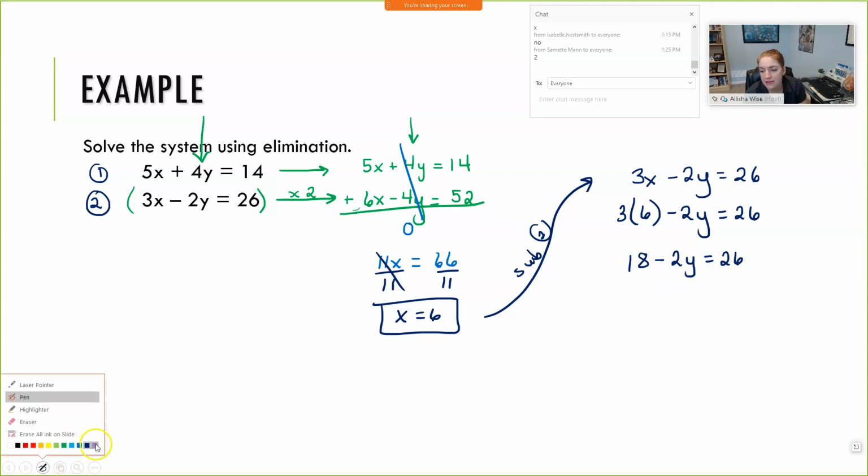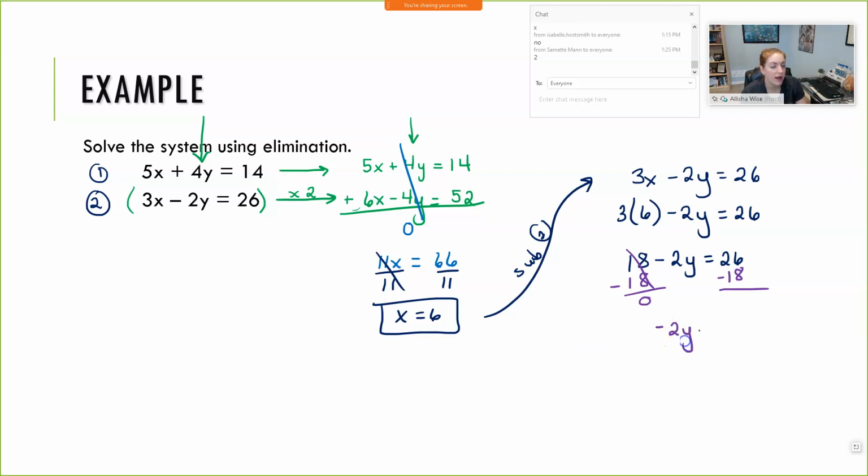Get rid of the constant. Subtract 18 from both sides. That zeroes out. 26 minus 18, what is that, 8? Yes, it is. Okay. Negative 2y equals 8. Divide both sides by negative 2.